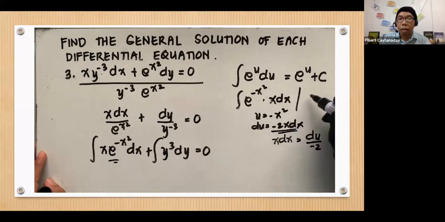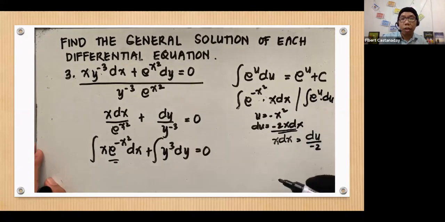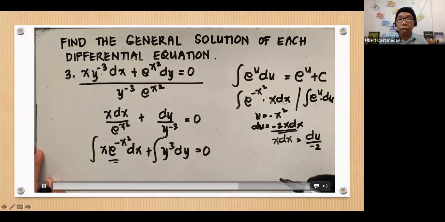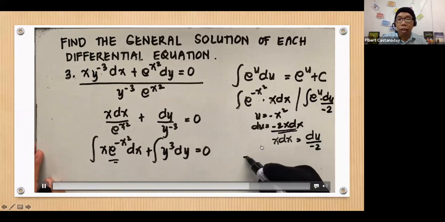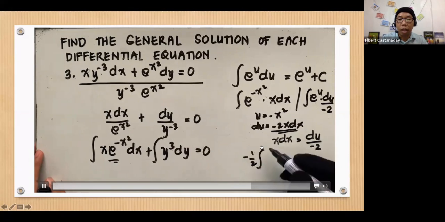Now we apply this formula. So e raised to u du, of course, you have du over minus 2, because x dx means du over minus 2. And here you have a constant. You can factor out, or put the constant before the integral symbol. So minus 1/2.